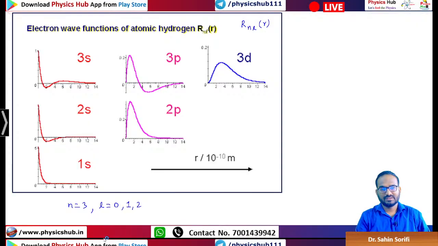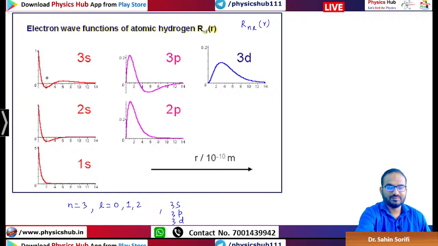Combining 3 and 0 gives the state 3s. 3, L equals 1 corresponds to p, so you get 3p. 3, L equals 2 is d. So 3s, 3p, 3d.